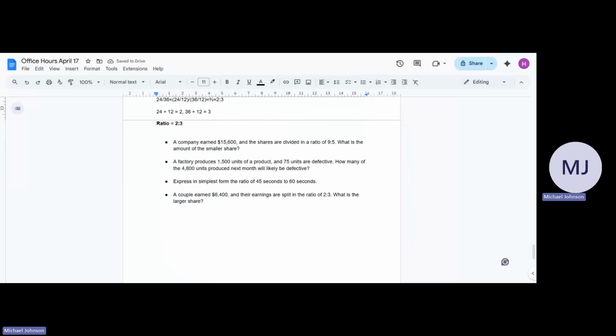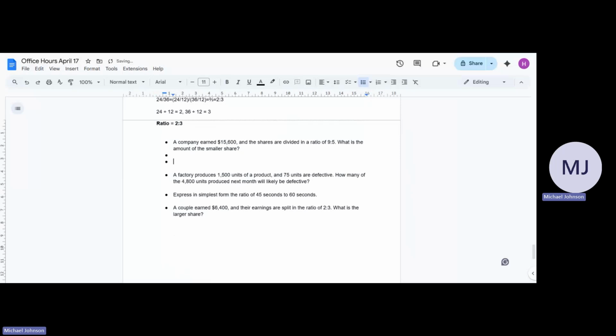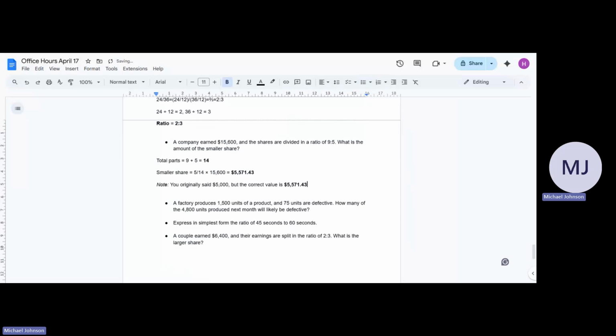And then the next one is the company earned $15,600 and their shares divided in the ratio of 9-5. What is the amount of the smallest share? So how to do this one? Here, total parts equals 9 plus 5 equals 14. So you add up the 9 and 5 here. Smallest share equals 5 divided by 14 times the $15,600.